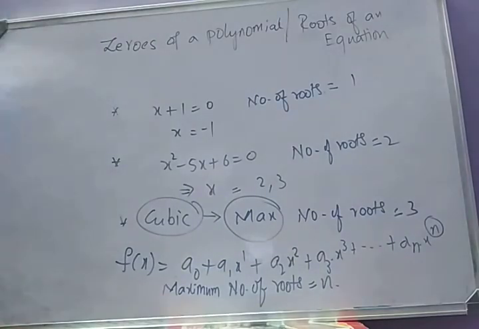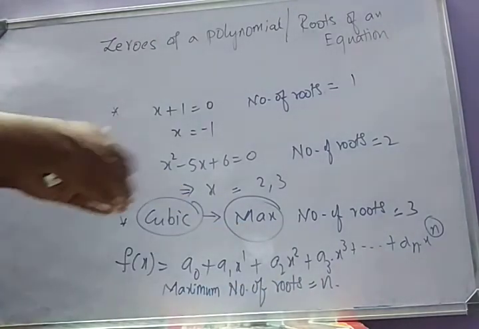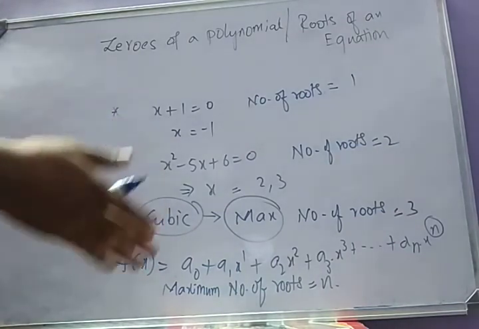The maximum number of roots depends on the degree, which is equal to n. It can have lesser number of roots than n also. If you are talking about real roots, it can have less number of real roots.